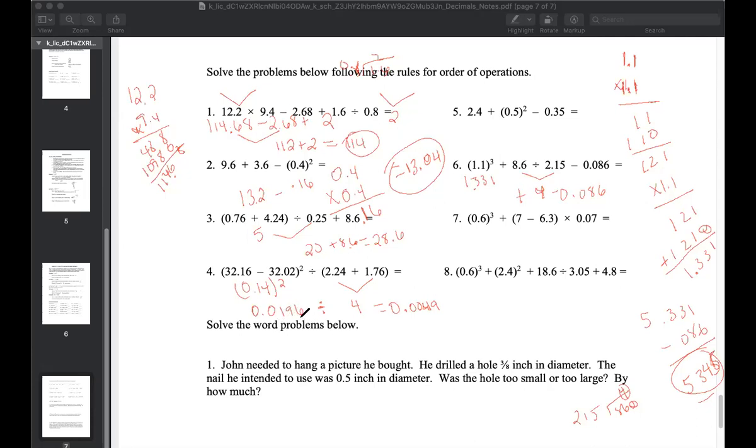Because you're going to have a leftover of... wait, maybe I did it wrong. 0.0196 divided by 4. Yeah, 0.0049. Yeah, good. Okay.